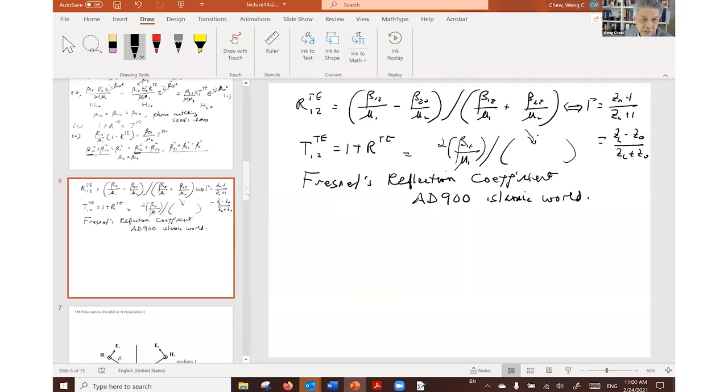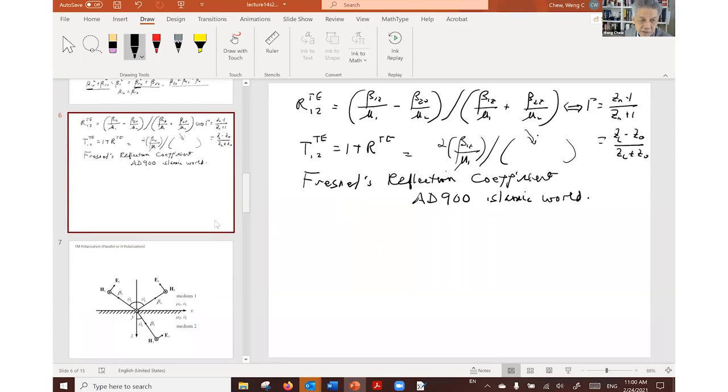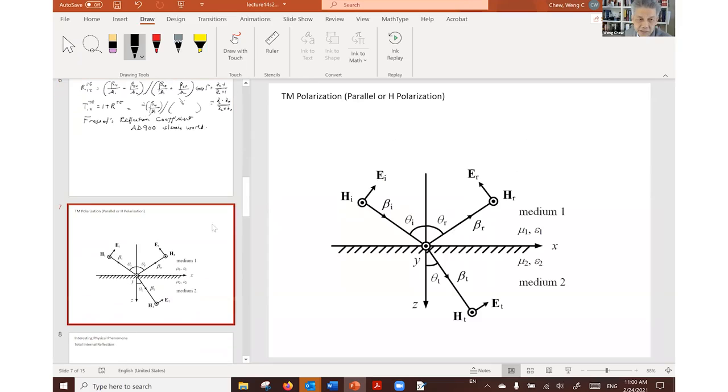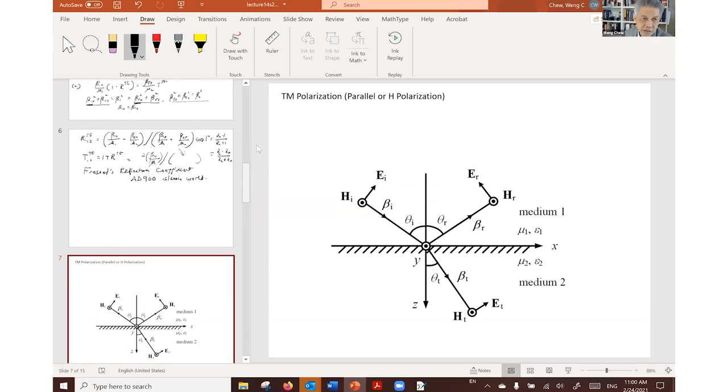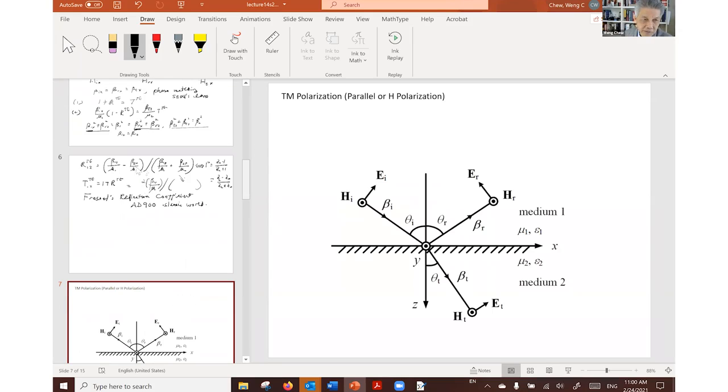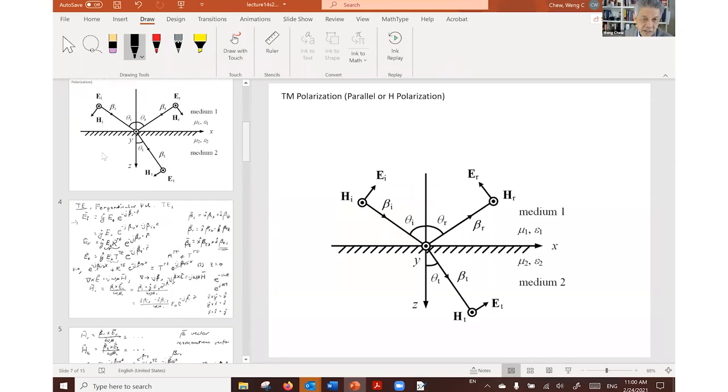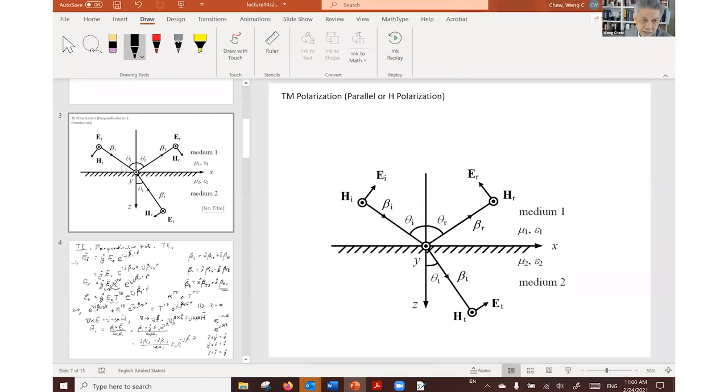So you can do this for TE polarization. You have all these things that are known to you, and then you can do the other polarization, which is TM. If I look at TM polarization, it is just the dual of the TE polarization, because if I replace E with H, which is minus E and so on, I get the second figure.